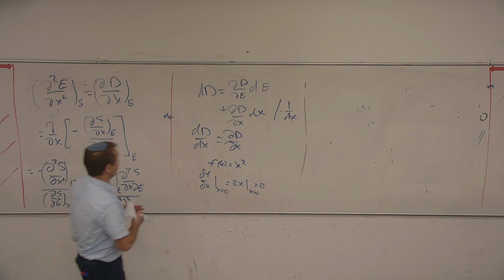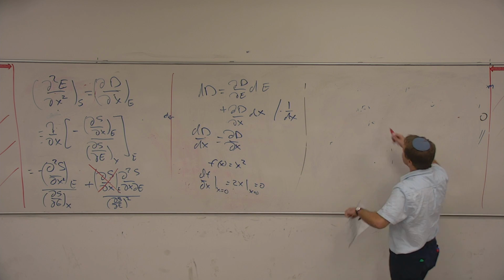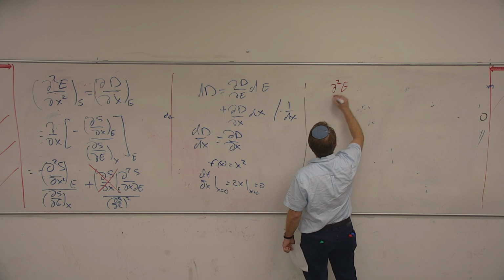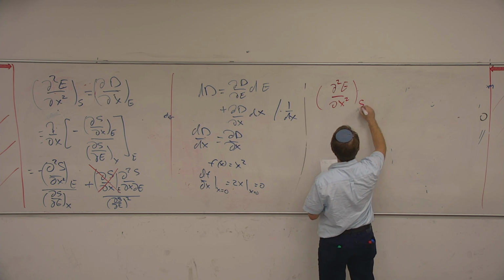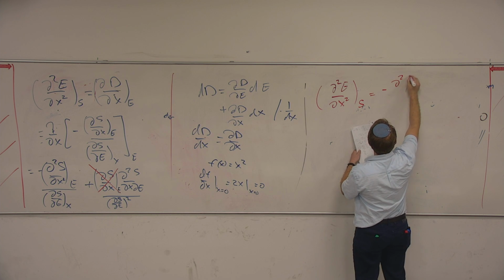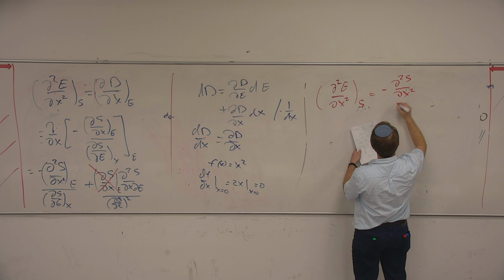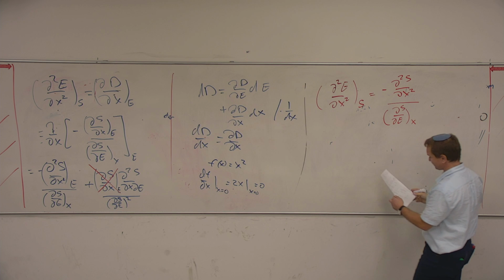Okay? So what we got is that ∂²E/∂x² at constant s equals minus ∂²s/∂x² divided by ∂s/∂E of x.